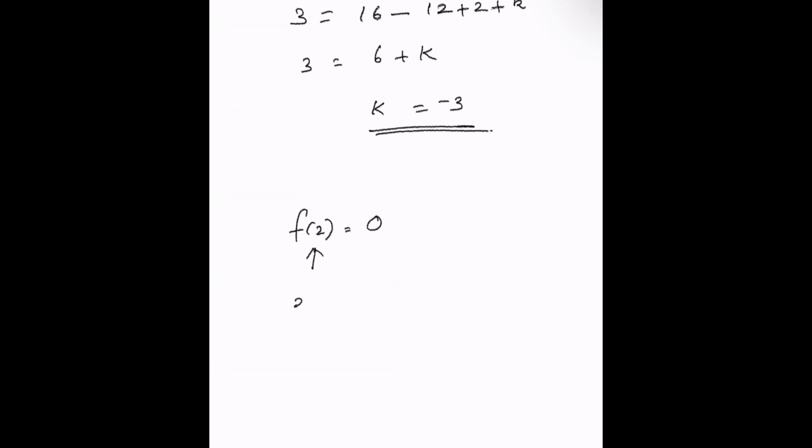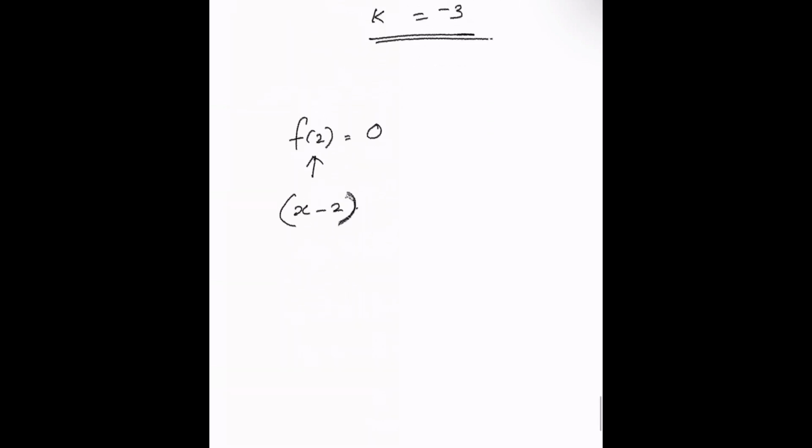Trace back: this will become x minus 2. So x minus 2 is a factor of that polynomial. When the value of f of 2 becomes 0, or the remainder becomes 0, then the number which gave that remainder 0 gives a factor of the given polynomial.